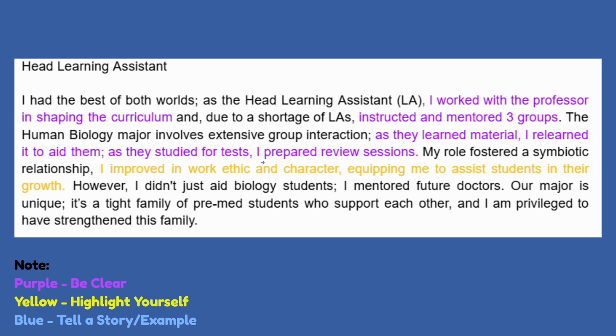I could have continued that line for a little bit longer, but I chose to go for a reflective route and express the gratitude in my ending, right here when I talk about the privilege to have strengthened this family. But there are many avenues that I could have gone with when it came to this ending.